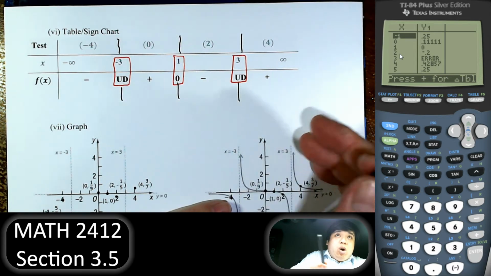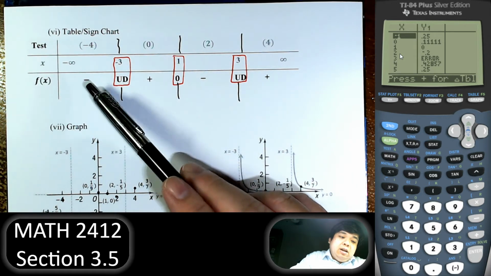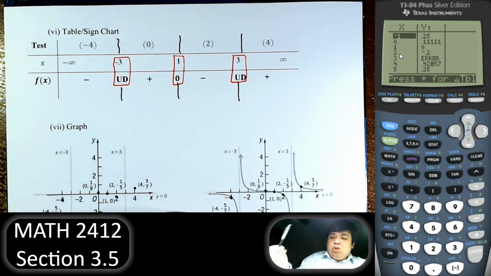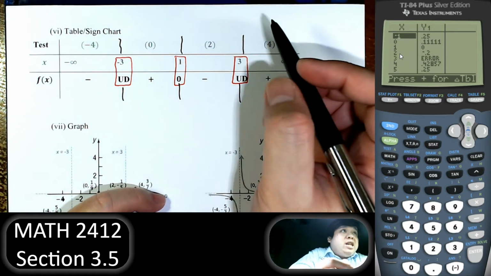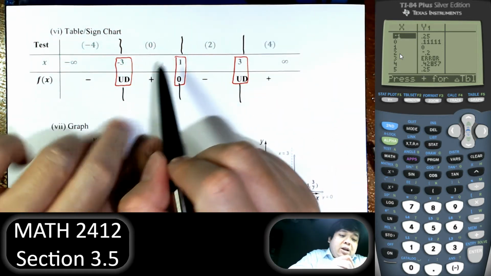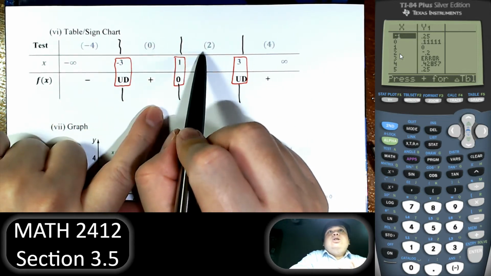Now we just need to know what happens if it is not those numbers. So that's why we have the sign chart. Of course, if it is not 0 and not undefined, it can only be positive or negative. So we do the test point, picking a number between those intervals. I choose -4, 0, 2, and 4.